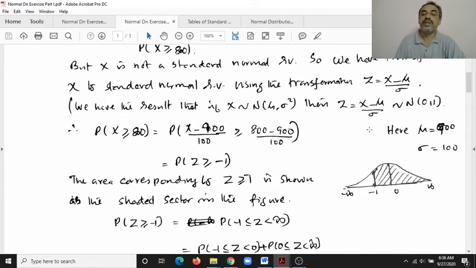In every computation of probability based upon normal distribution, first of all, we transform the given variable to standard normal if the variable given is not in the standard normal format, using z equal to x minus mu by sigma, because the table is prepared for standard normal distribution. The normal variables we are given are not with mean 0 and standard deviation 1. That is why we need to transform normal to standard normal.